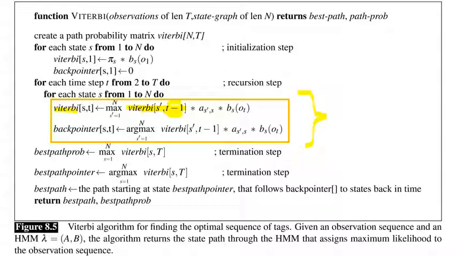So remember, when we compute V22, you need to consider V17, V16, V15, V14, V13 up to V11. So that is what is written here, times the transition probability, A, times the emission probability. And among all those possibilities, you pick the one that is the maximum.